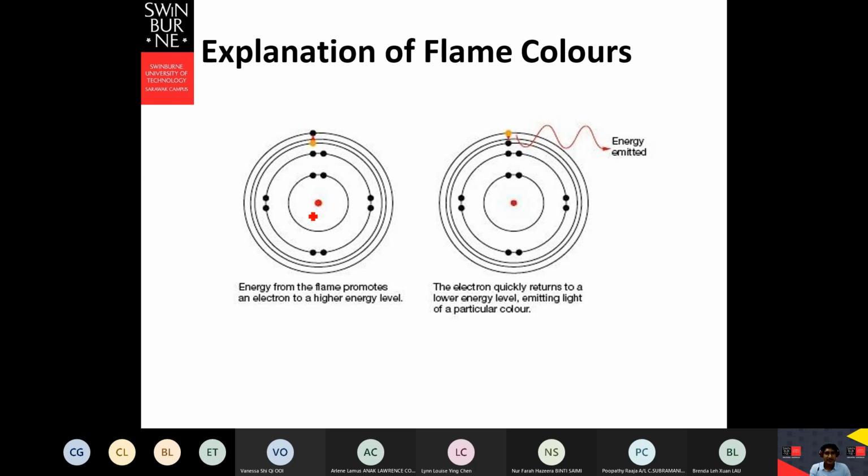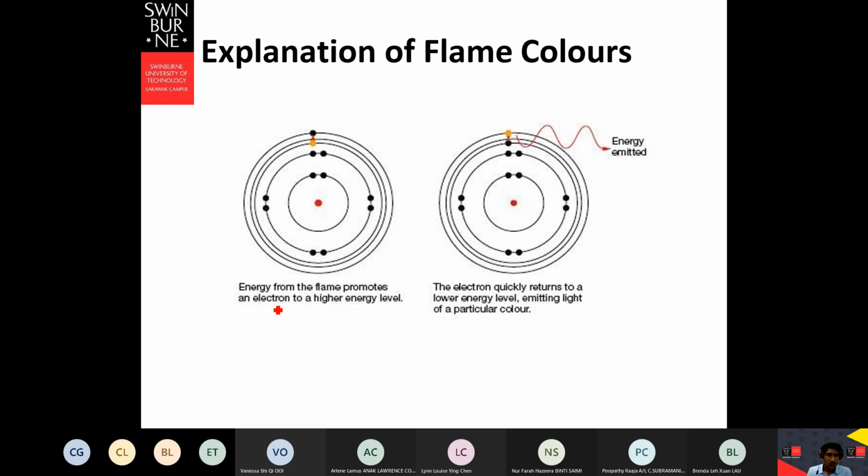The atomic structure tells us that since they have different numbers of protons and electrons, every one of them has a different atomic structure. The sodium, the potassium, the strontium, all those things. Just now we saw it in the previous slide. Different atomic structure means they have a different distribution of electrons around them, right?